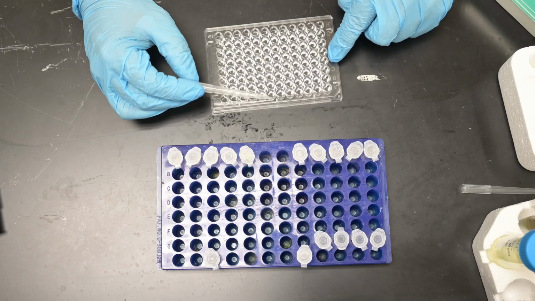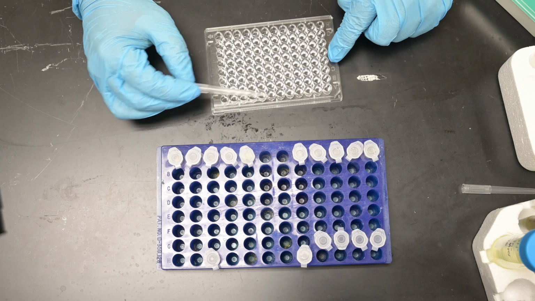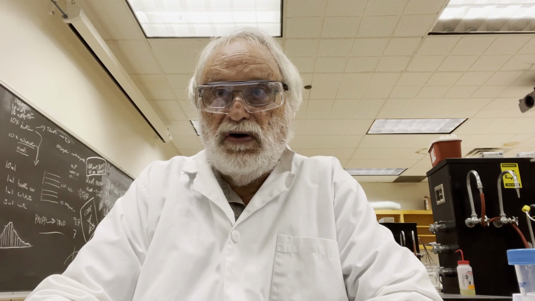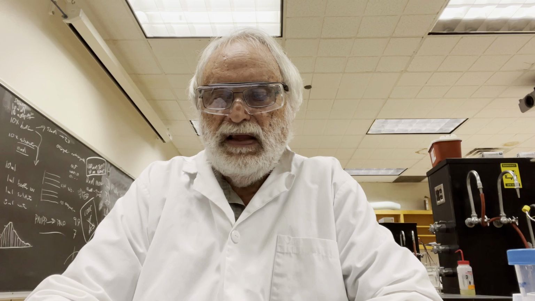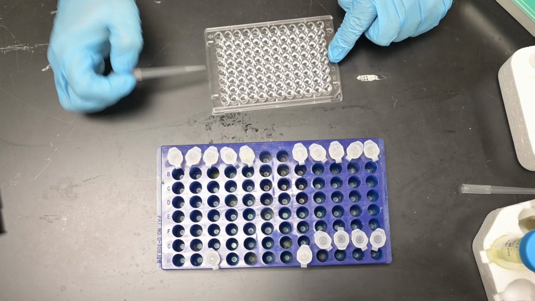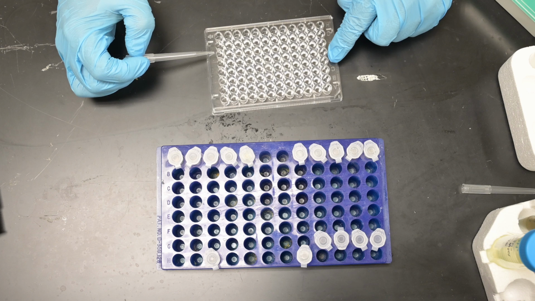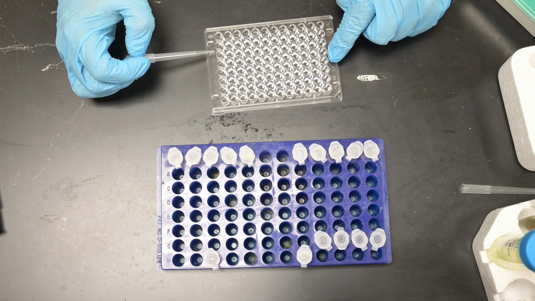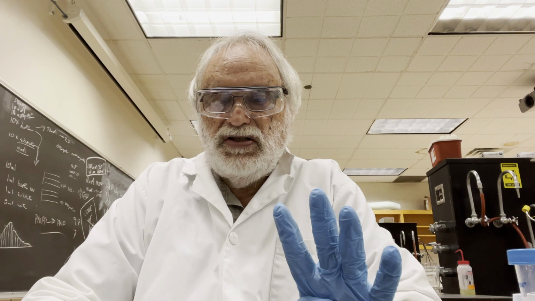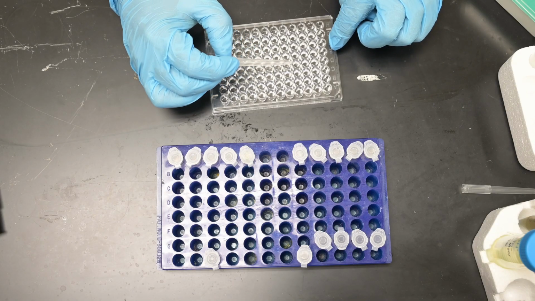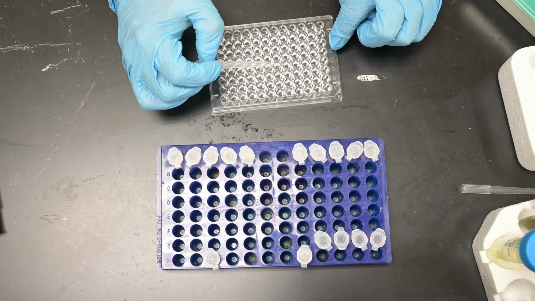So these wells will have 20, 10, 5, 2.5, 1.25, and 0 millimolar substrate. The first 3 rows will all be wild type enzyme, and the next 3 rows down will have the mutant enzyme. So the plate will have 4 sections: the PNP standard, and the background control for product formation just in buffer.